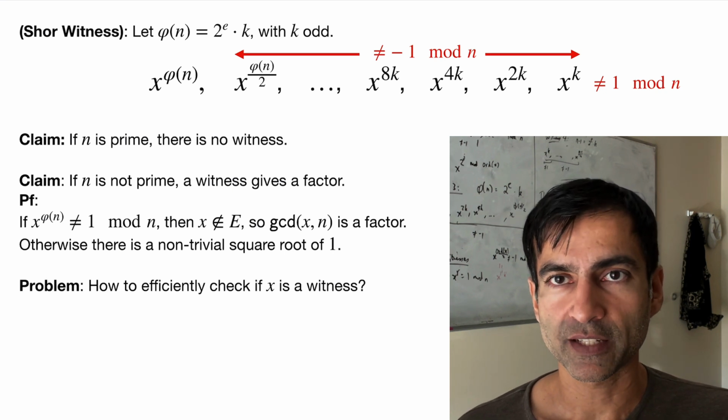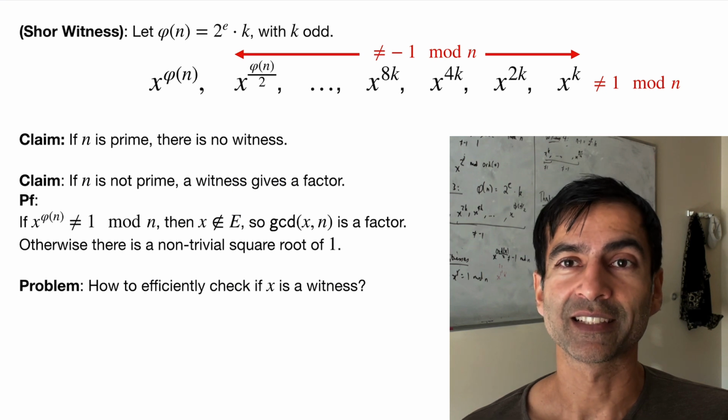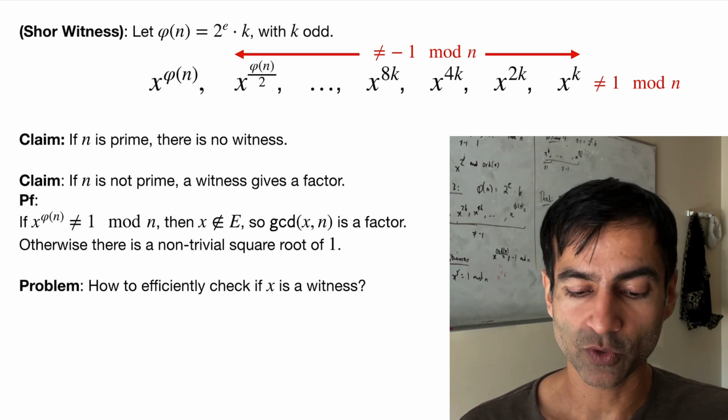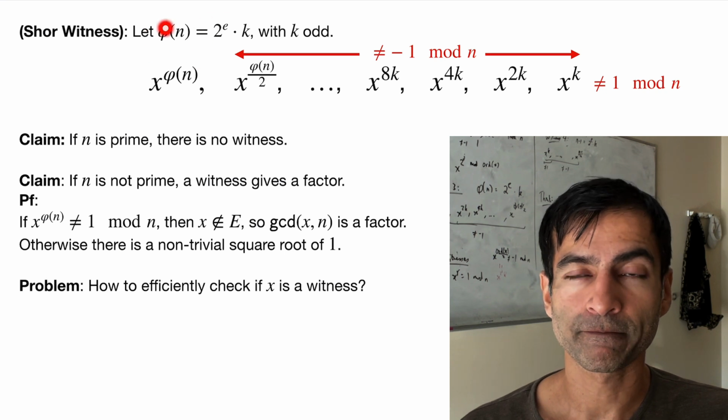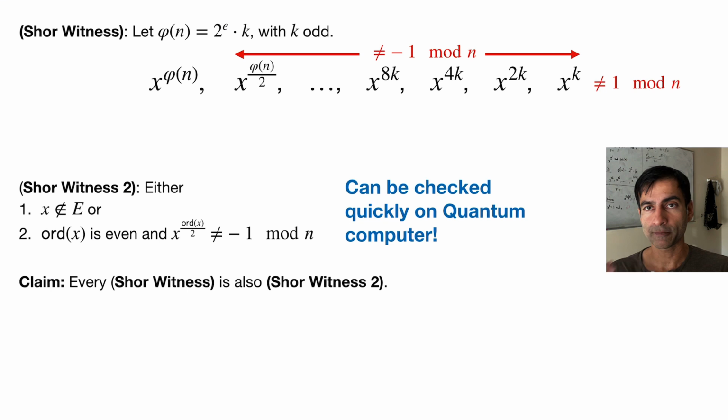One of the problems with this definition is that there's no clear way to check that a number x is a witness, because we don't know how to efficiently compute phi of n. But here's a different definition, which is easy to check, at least on a quantum computer.